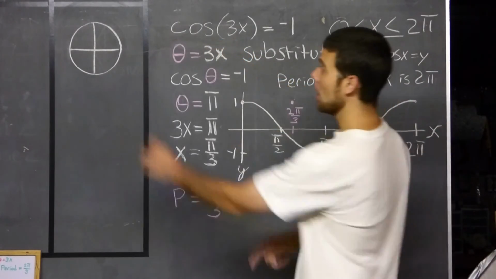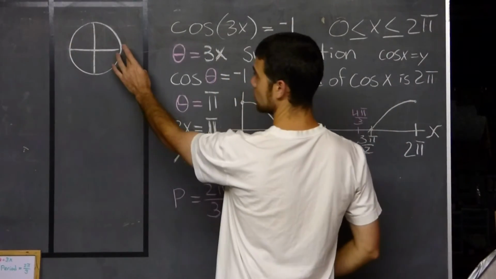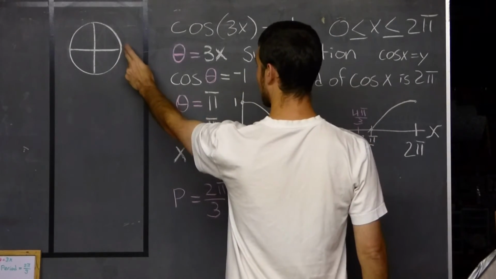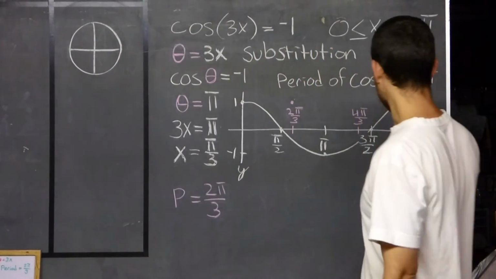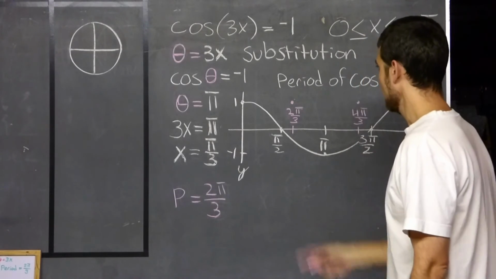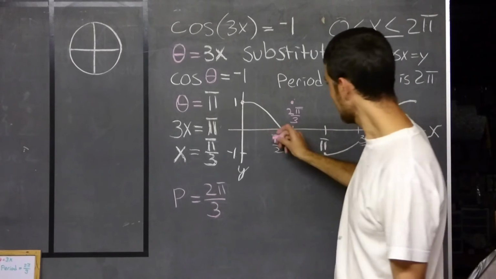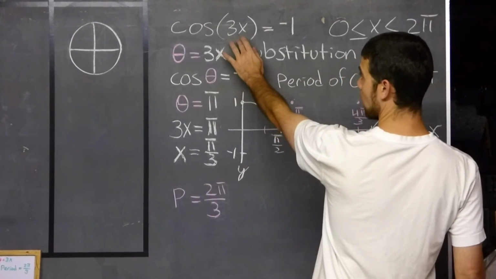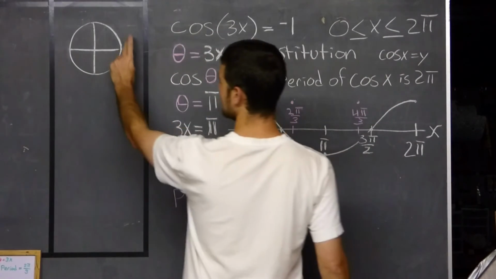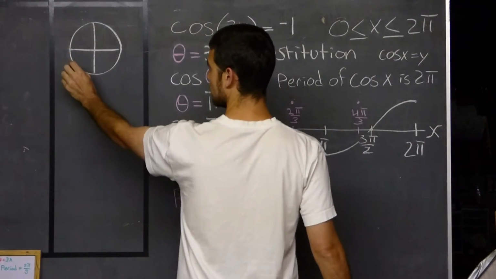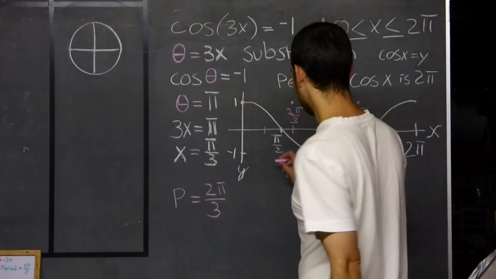And so 4 pi is once around our circle, twice around our circle, and we're back to the same value as 2 pi, which is 1. Now, at 1/3 pi, here, 1/3 pi times 3 is pi, so cosine of pi brings us to here on the unit circle, and so we know that our value is -1.